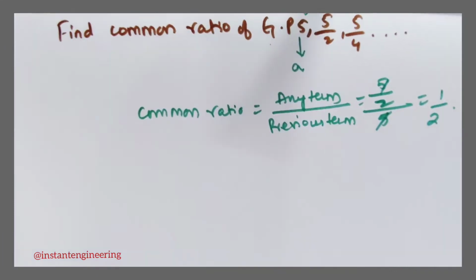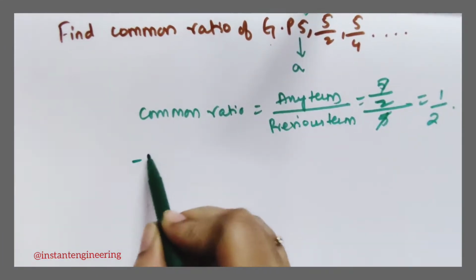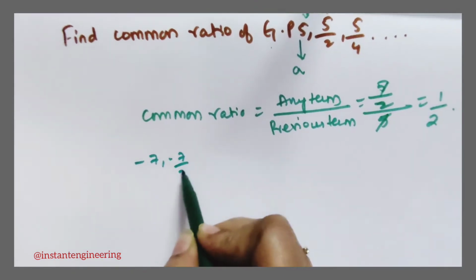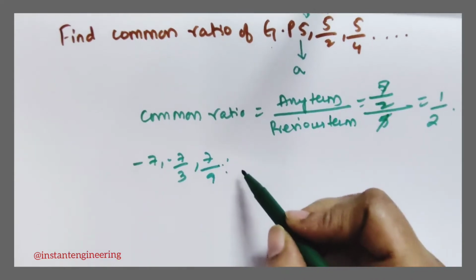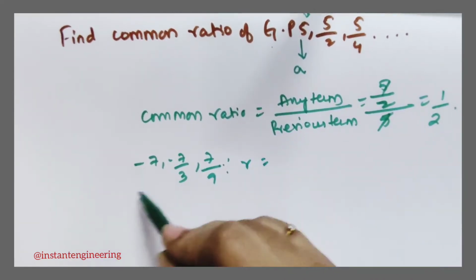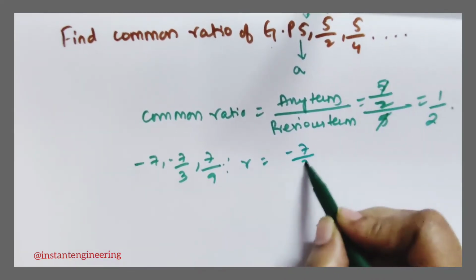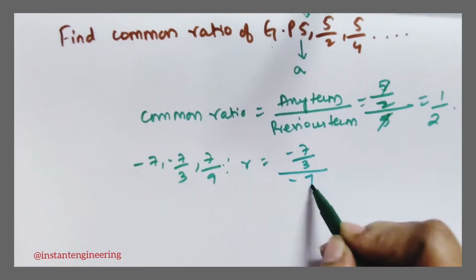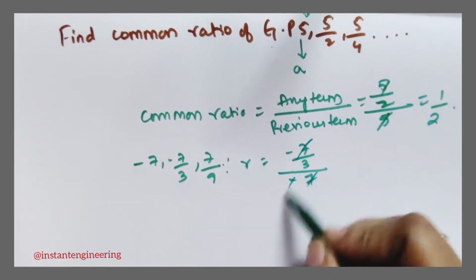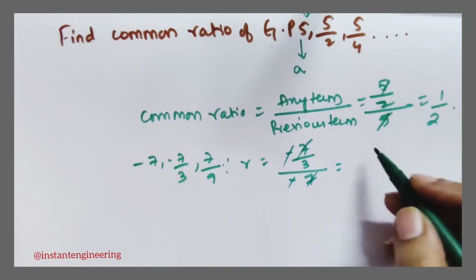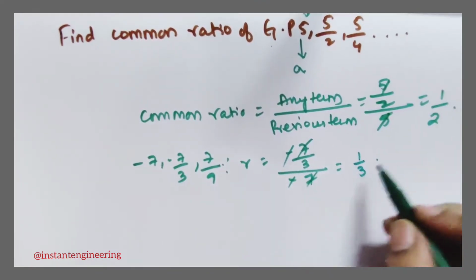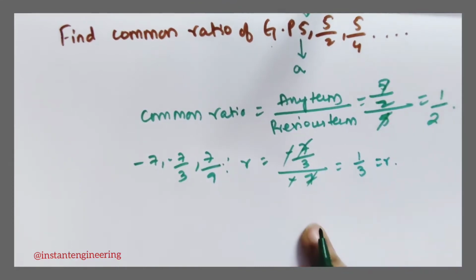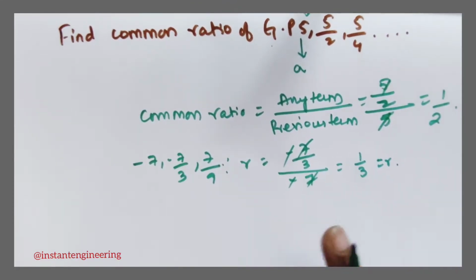Similarly, if we take any other sequence like minus 7 by 3, 7 by 9, the common ratio R can be given as, if you take these two, minus 7 by 3 divided by minus 7. So 7 gets cancelled, minus cancels, so this will be 1 by 3. So this is R. This is how you will find the R value in geometric progressions.